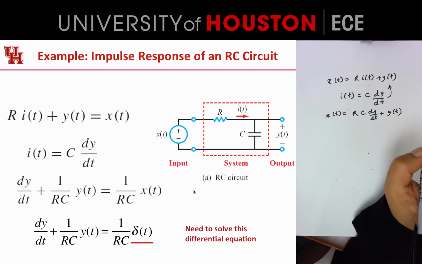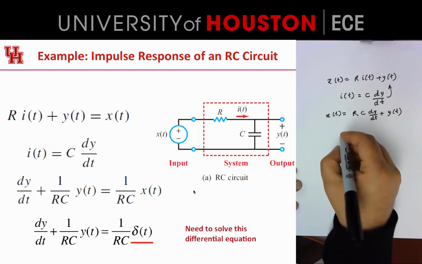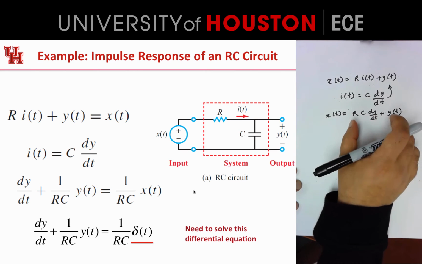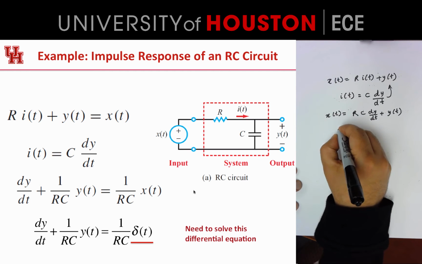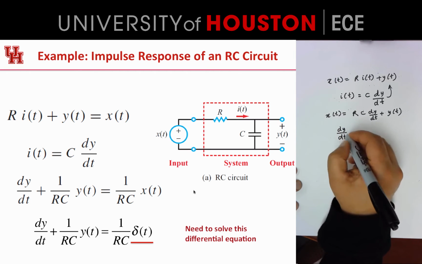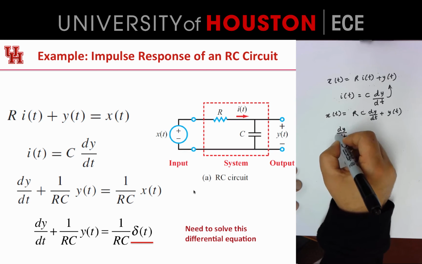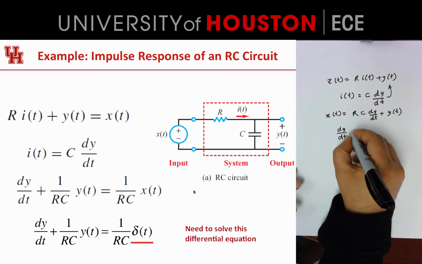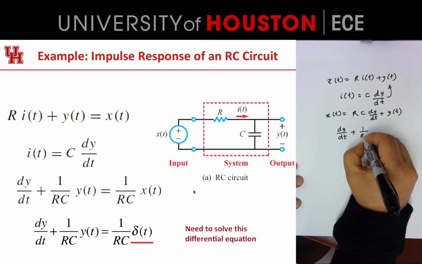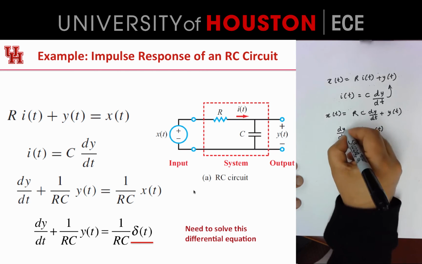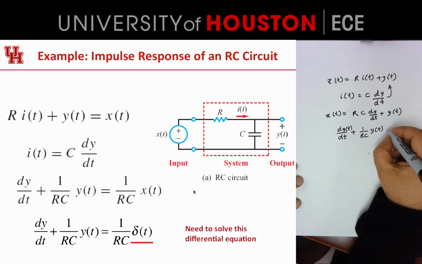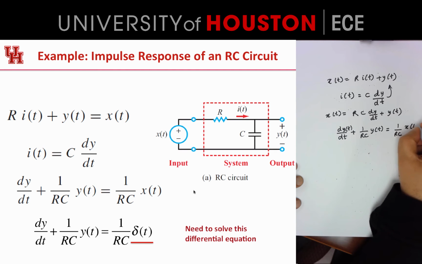Now this is a differential equation, and we need to solve this. So let's start out by dividing throughout by RC. Let me flip this equation around a little bit just for convenience. So we get dy by dt, and dividing by RC this becomes a 1, plus 1 over RC y of t, equals 1 over RC x of t.